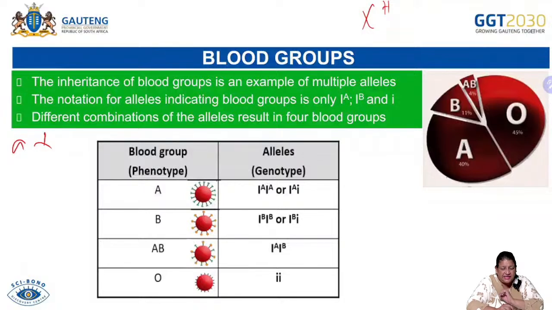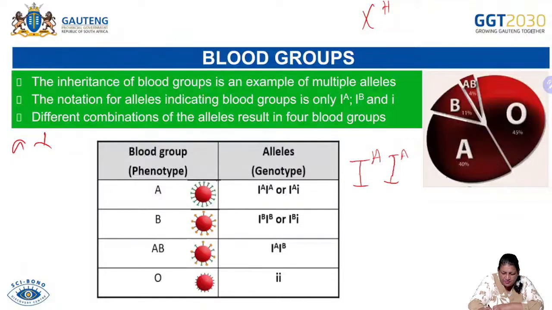by a capital A. But to represent blood groups, we must use a capital I. So capital I is dominant. This means this person has a blood group and he is blood group A. His mother was blood group A, his father was blood group A, and he is blood group A. So that means he got one dominant allele A from the mother and one dominant allele A from the father.